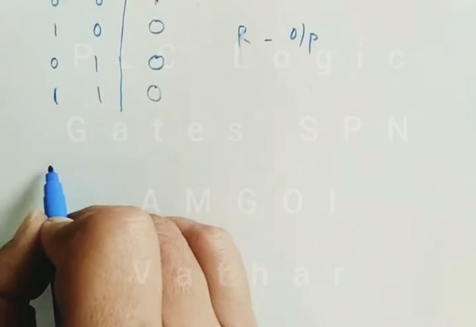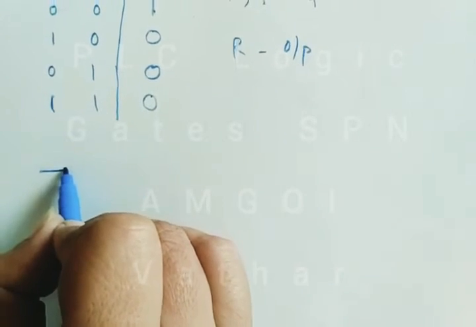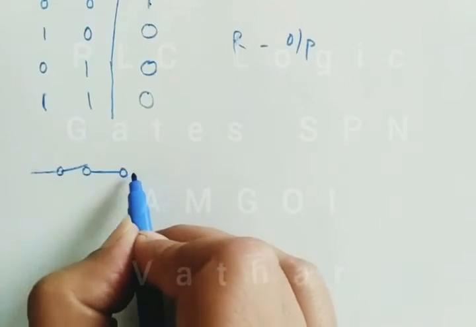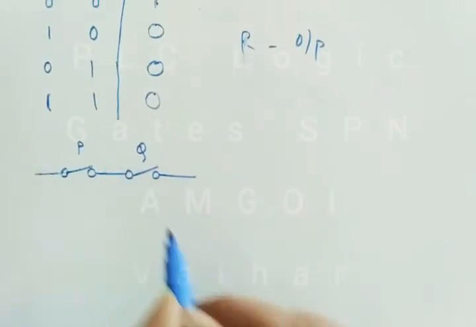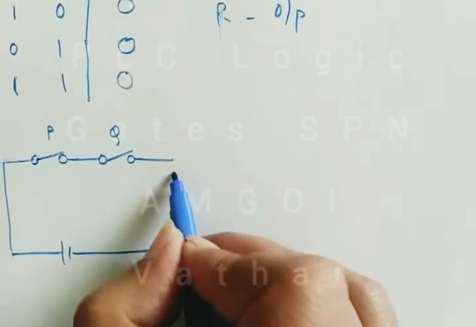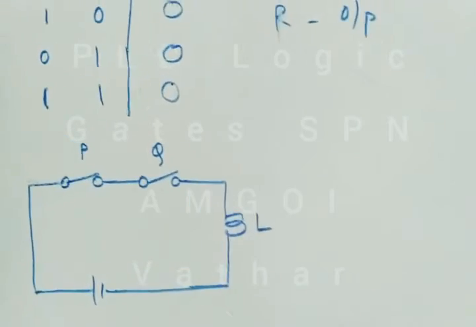Electrically, the NOR gate can be realized by using two normally closed switches which are in series. So this is the switch P, switch Q in series, the power supply and the lamp L representing the output.